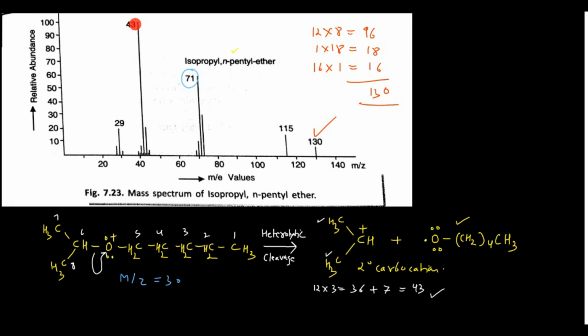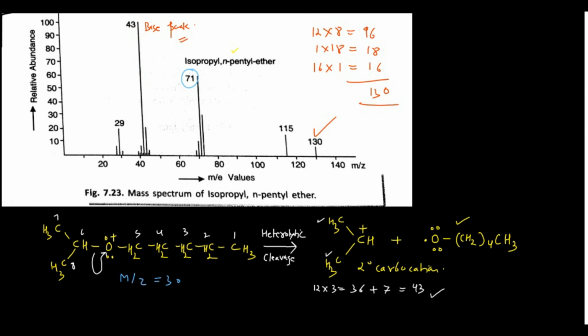This M by Z 43 is there, and you can see here this is the base peak. We know this secondary carbocation is more stable, so it will have more chance to survive and reach the detector, and its abundance will be quite high, so you are getting this particular peak. Fine, there is no problem in that.